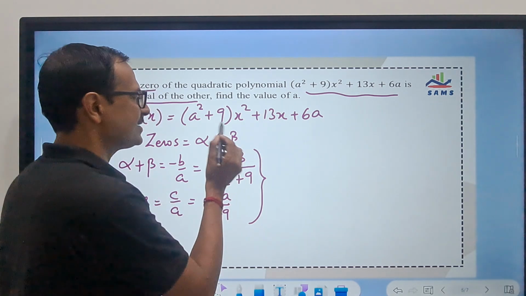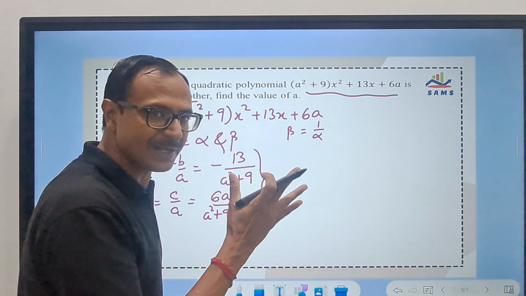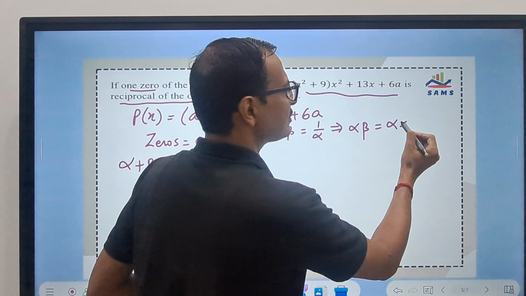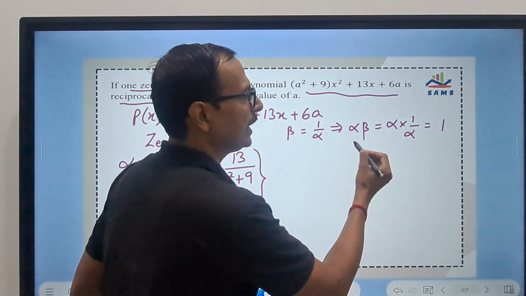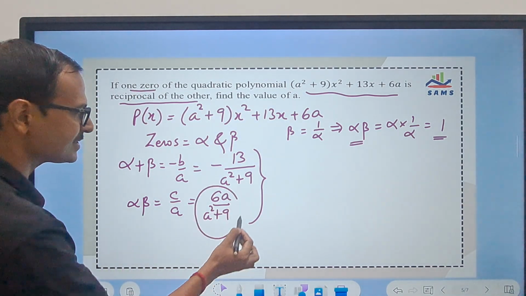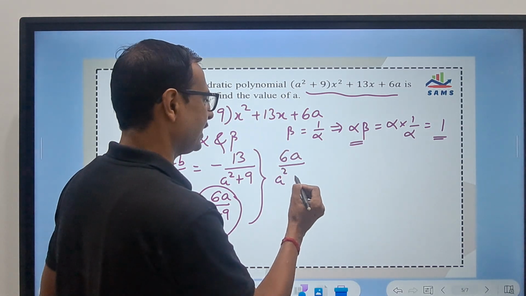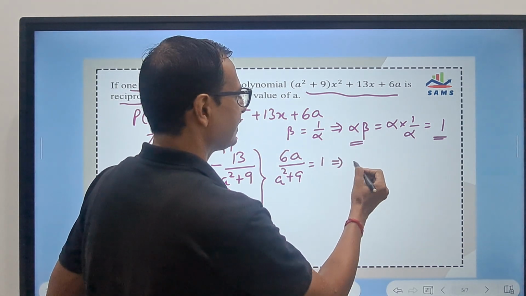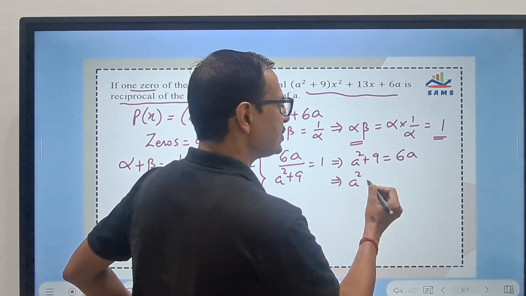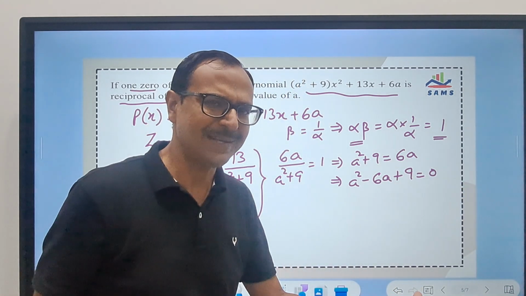So if you assume that beta is actually 1 by alpha, one zero is the reciprocal of the other, that means the product of zeros alpha beta will be alpha times 1 over alpha, that is 1. This is what I told you, that alpha beta will become 1. And what is alpha beta? We already found out alpha beta, right? So 6a upon a squared plus 9 becomes 1, and that gives me a squared plus 9 equals 6a, which reduces to a quadratic equation if you bring 6a to the left hand side, and you can solve this pretty easily, right?